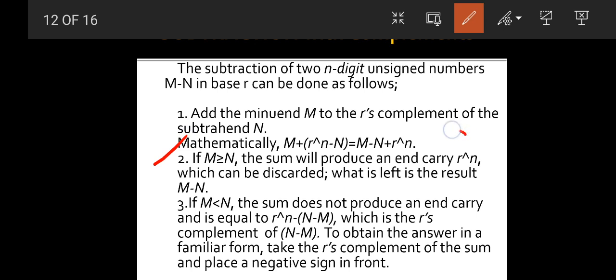You produce an end carry R raised to the power of n, which can be discarded. When you say discarded, you subtract it. So what is left is the result for M minus N.